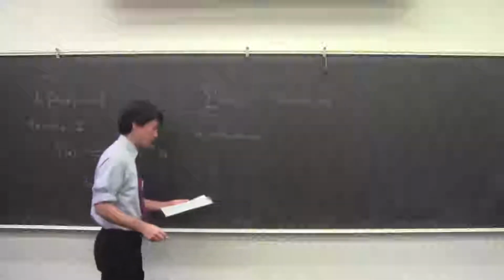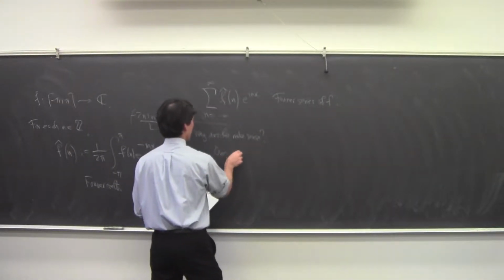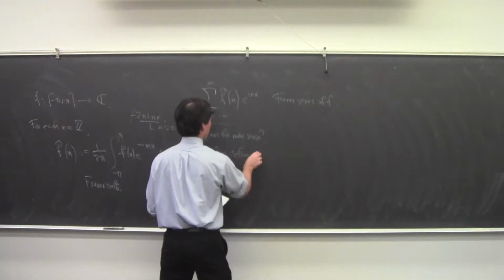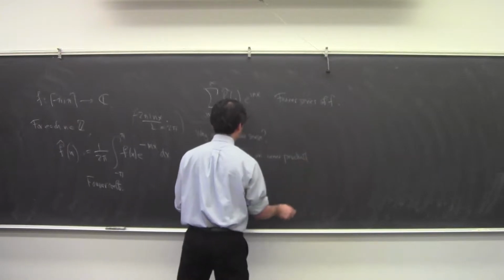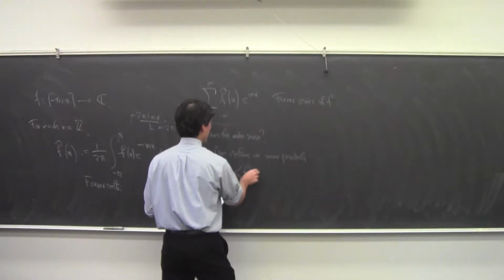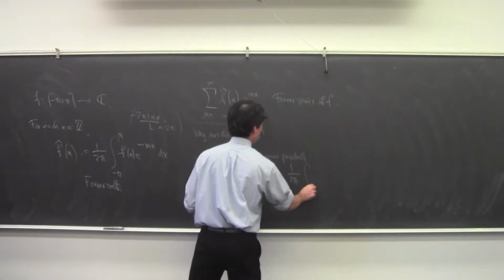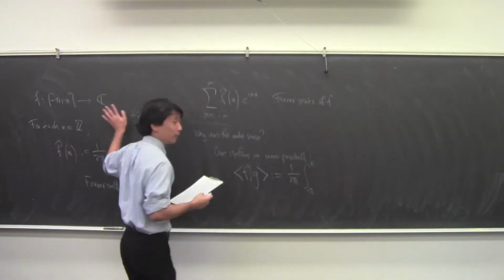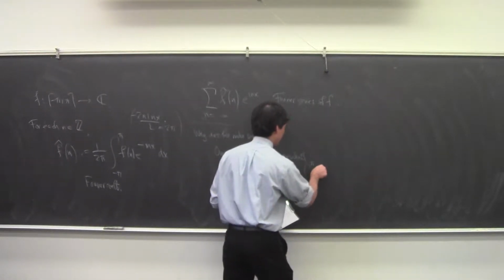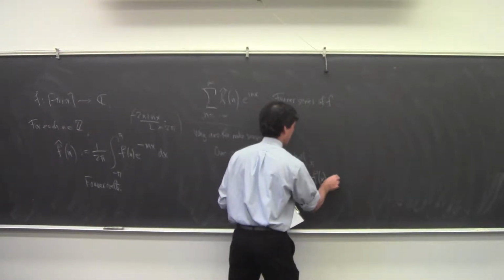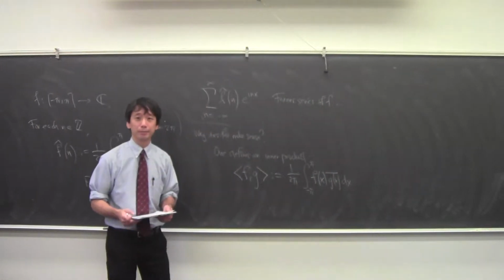Why does this make sense? Well, one defines an inner product of two functions as 1 over 2 pi times the integral of one against the complex conjugate of the other. You've got these two complex valued functions on negative pi to pi, and you define an inner product on them by taking the integral of one against the complex conjugate of the other.